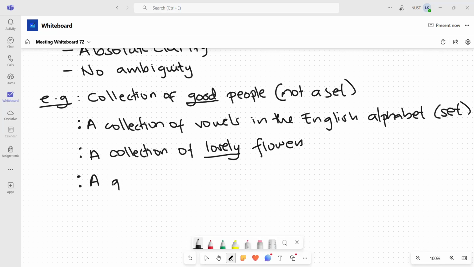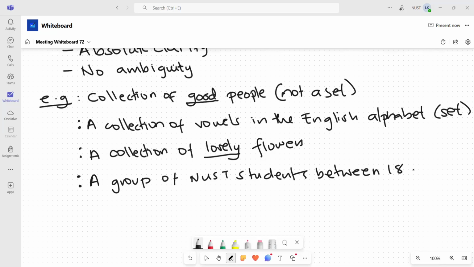Then we have a group of NUST students between 18 and 25.